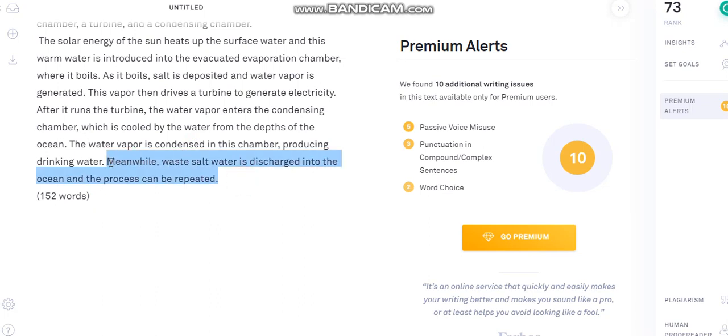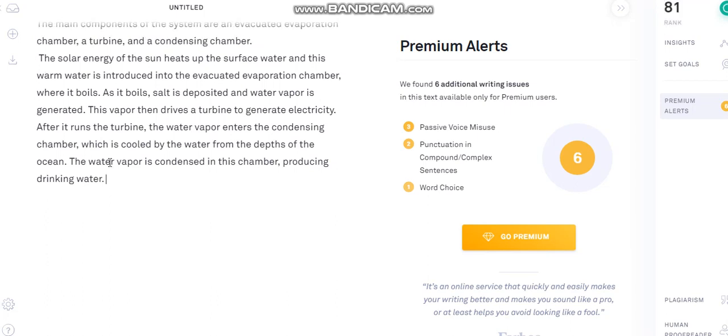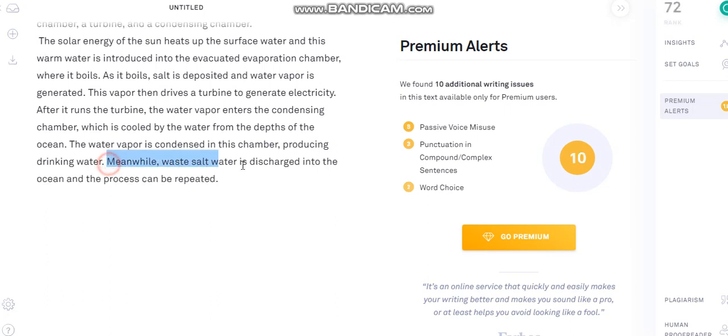Maybe it is a mistake that we finished. What about this? Oh, how can it make this writing better? Okay, this app is not very reliable, I think. Okay, so it's not very good to finish my essay with "Meanwhile."